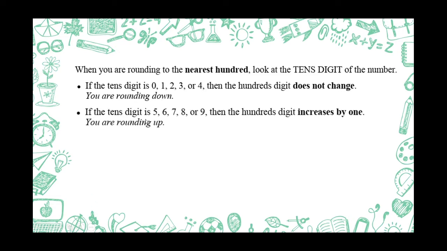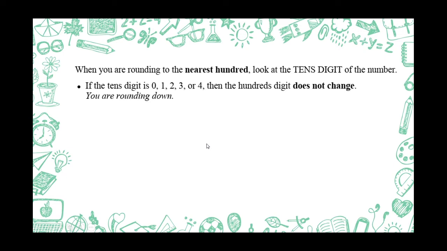If the tens digit is 5, 6, 7, 8 or 9, then the hundreds digit increases by 1. This means it goes up 1. And you are rounding up. Remember? 5, 6, 7, 8, 9, we round up. 0, 1, 2, 3, 4, we round down. Okay, well done.